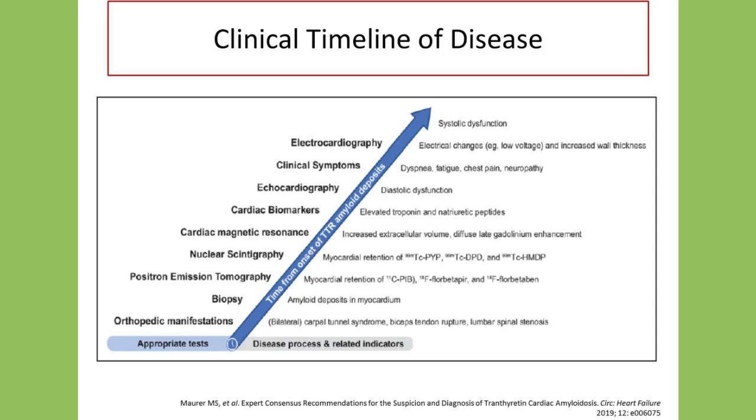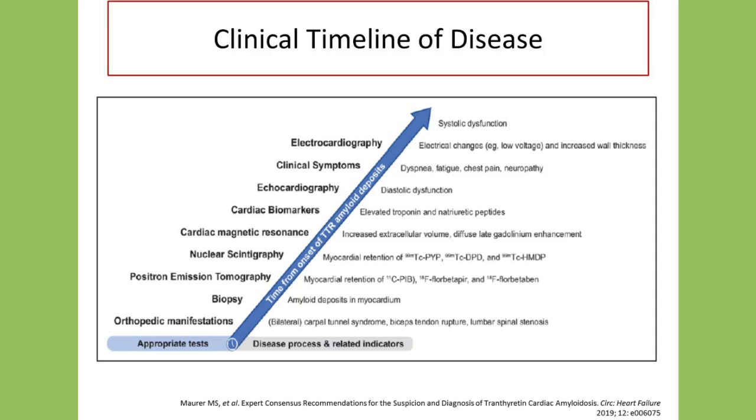Generally, when we have a patient present with orthopedic manifestations, as we go through, we can see that doing a nuclear cardiology scintigraphy study becomes important in early diagnosis of the disease, and then looking at that in conjunction with other testing, cardiac MR, looking at biomarkers, and using echo in combination with clinical symptoms, all become part of the process.